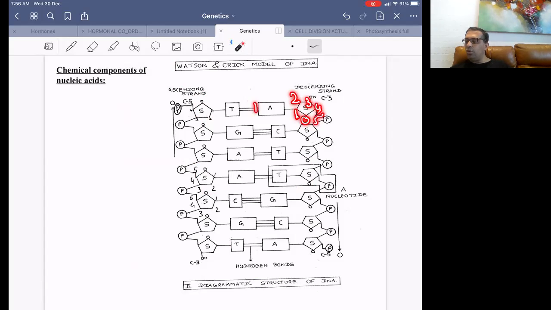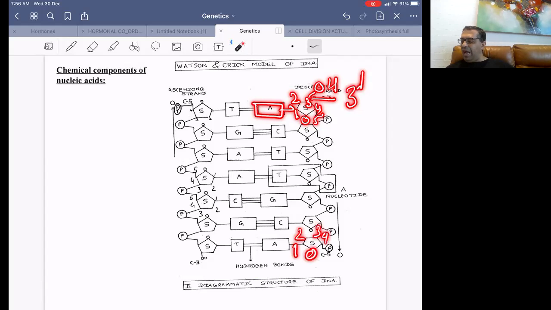And the nitrogen base is attached to carbon number 1 by a glycosidic bond. But where is the free OH present at the C3 end? Above. So the C3 end is above, and you have oxygen, carbon 1, 2, 3, 4, 5.